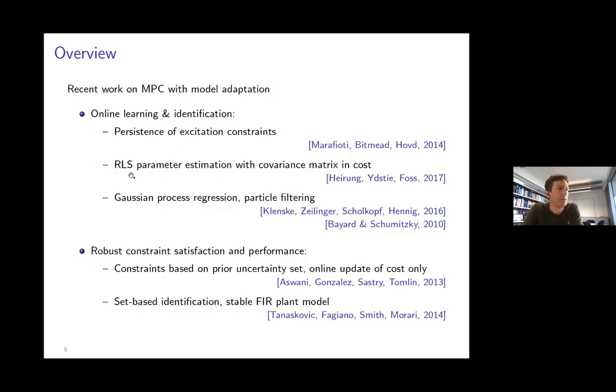Other approaches to ensuring asymptotic identification of parameters are based on Kalman filters, so recursive least squares parameter estimation, and incorporating measures of information in the control sequence in the cost. So this is directly trying to balance the information that's available from the control sequence with the cost of actually performing a particular control task.